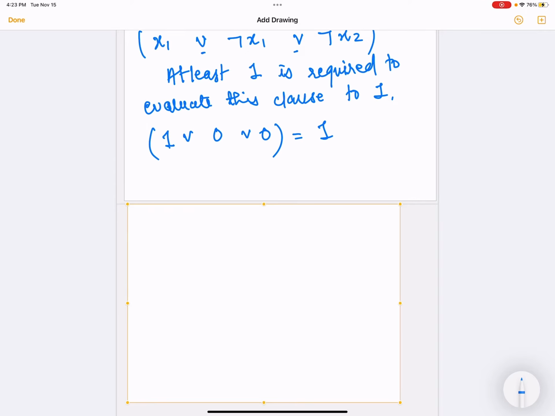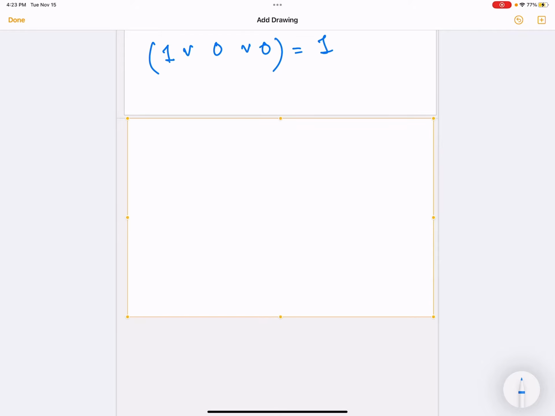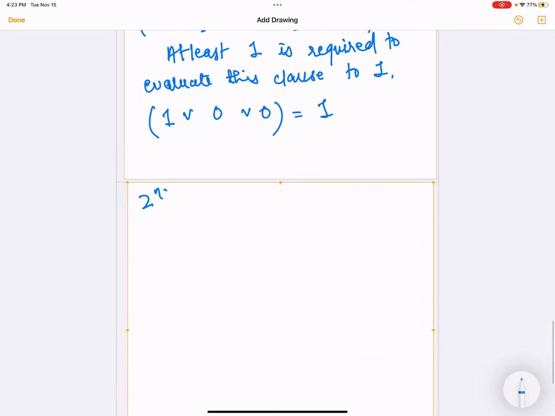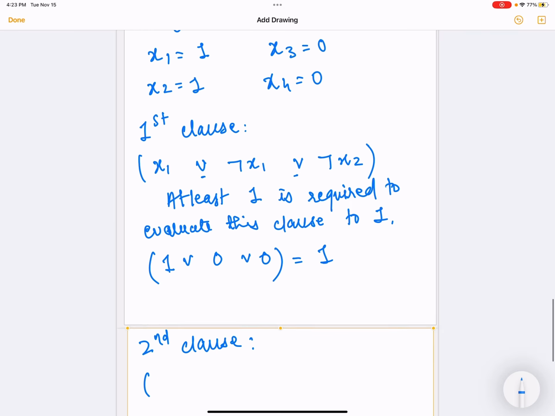Now let's see the other clause which we have here. So second clause is x3, x2, x4.